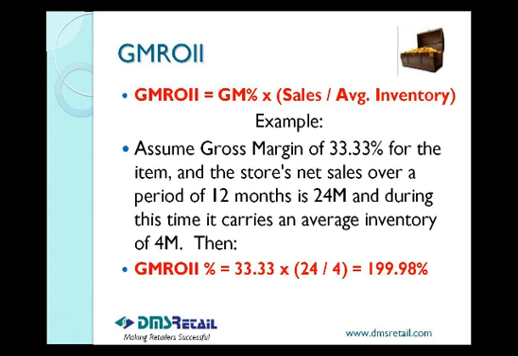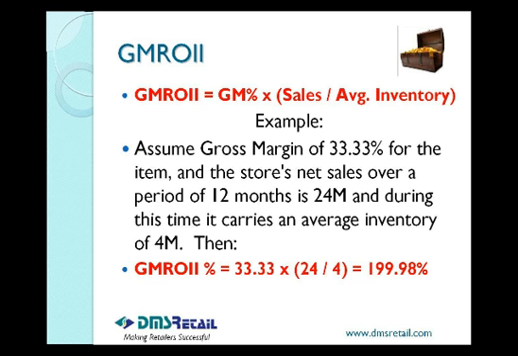Usually you come to your average inventory by measuring your inventory levels every month. Starting from the opening of the first month, you collect every end-of-month number, so you'll end up with 13 measurements, and the total of all inventory levels divided by 13 will give you your average inventory.